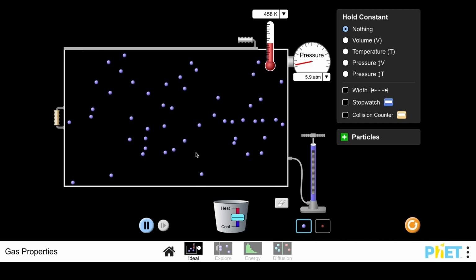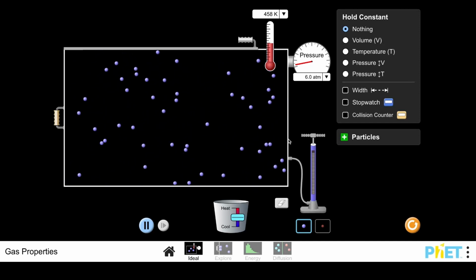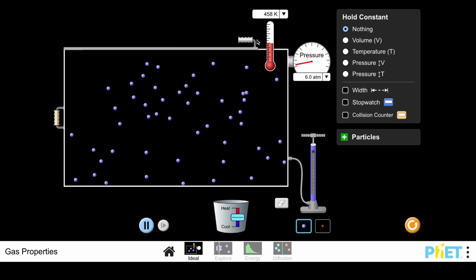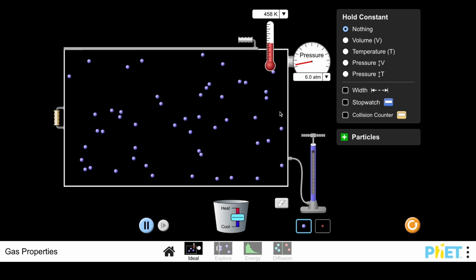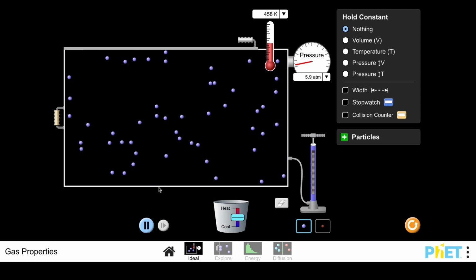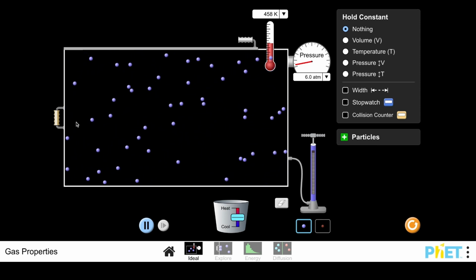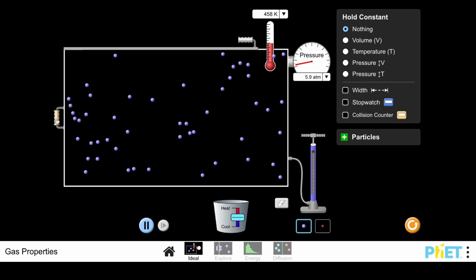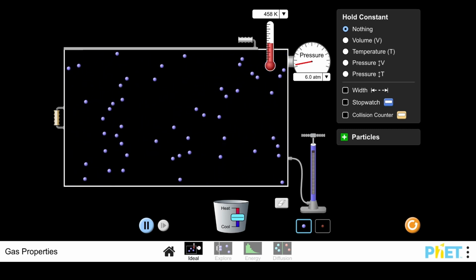So this is the same concept. Since these gas particles are now faster because of the temperature, they're going to hit the tank faster if the volume was the same. So that is why we have to increase the volume when the temperature goes up.